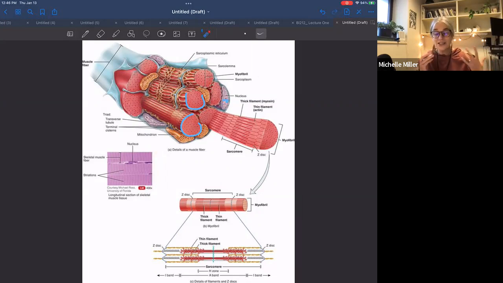And it's not that smooth muscle, which is unstriated, doesn't have them. Smooth muscle also has actin and myosin. It's just not arranged in the same way. So it doesn't look striated, but it still has actin and myosin in it. So all muscle has actin and myosin present in it. Those are called myofilaments. They are the filaments that explain muscle contraction. So we'll talk about that in another lecture.